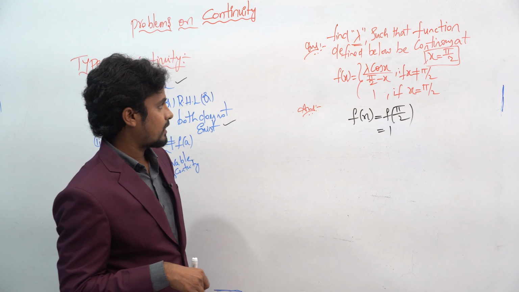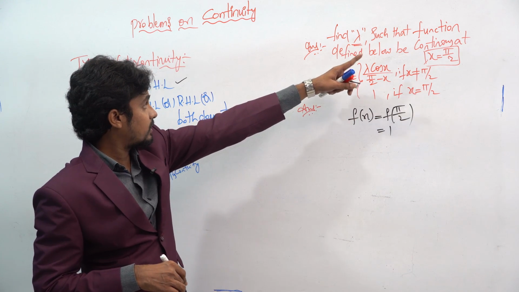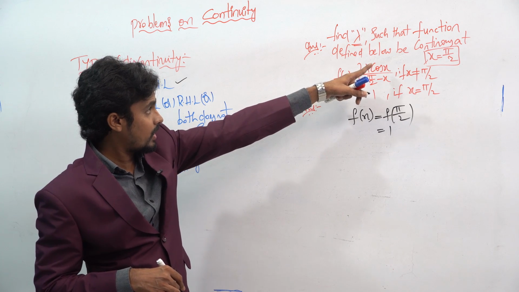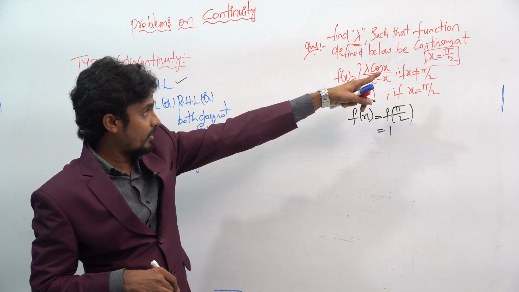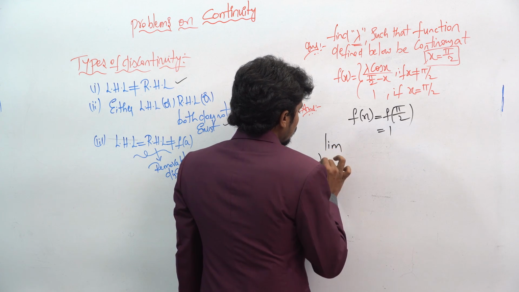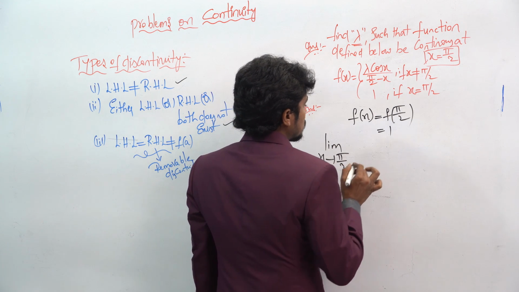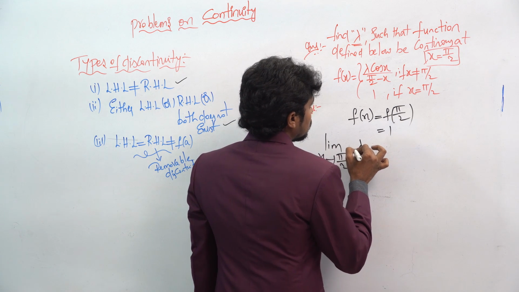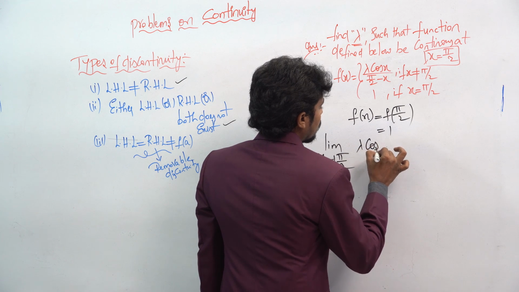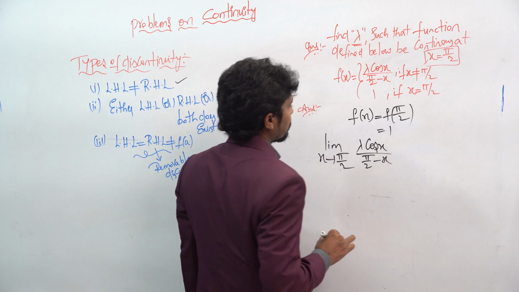Next, for the function to be continuous at x equal to pi by 2, right, we apply the limit as x tends to pi by 2 of lambda into cos x divided by pi by 2 minus x.